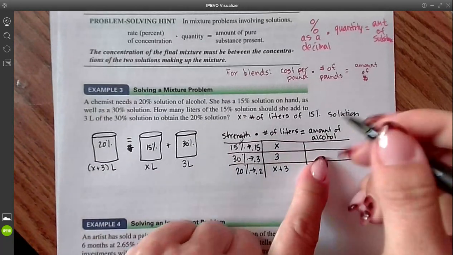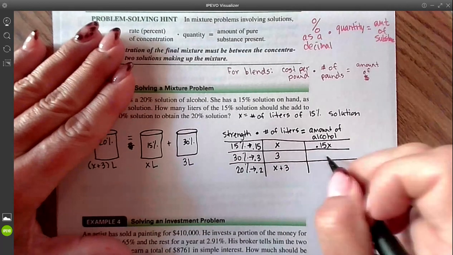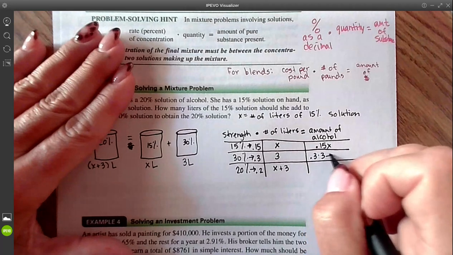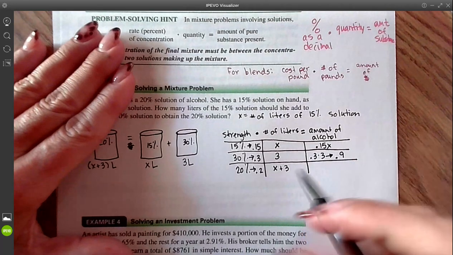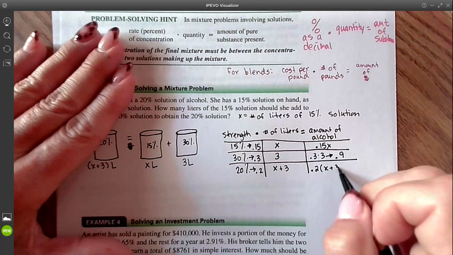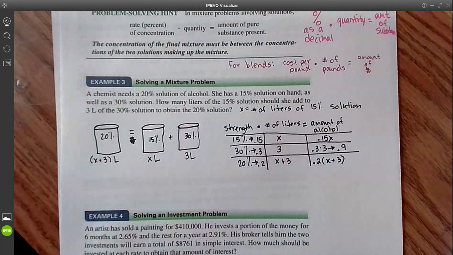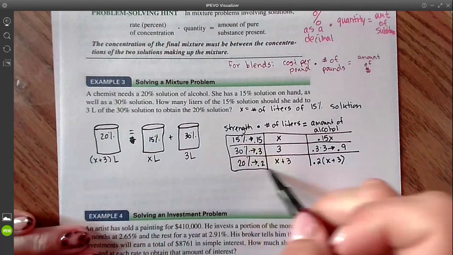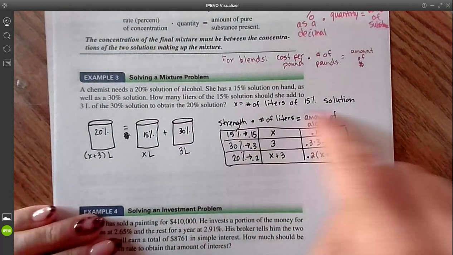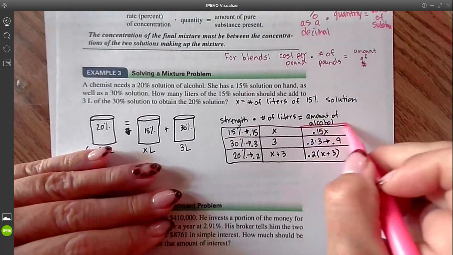So in this column I have 0.15 times x. In this column I have 0.3 times 3, which is actually 0.9. And in this column I have 0.2 times x plus 3. Okay, how do I make an equation out of this? Well, I'm just going to use this right-hand column.